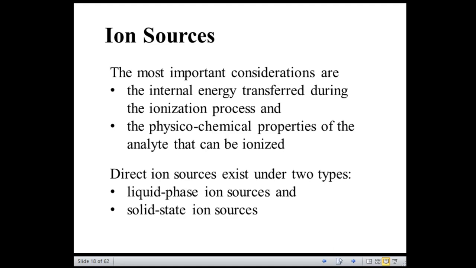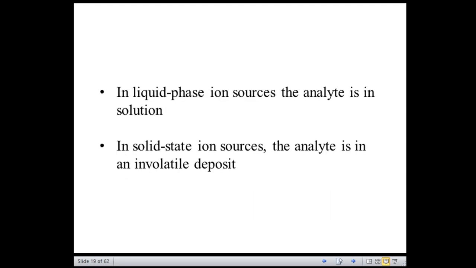These direct ion sources exist under two types: number one, liquid phase ion source and number two, solid state ion source. In liquid phase ion source, the analyte is in solution. In solid state ion source, the analyte is in an involatile deposit.